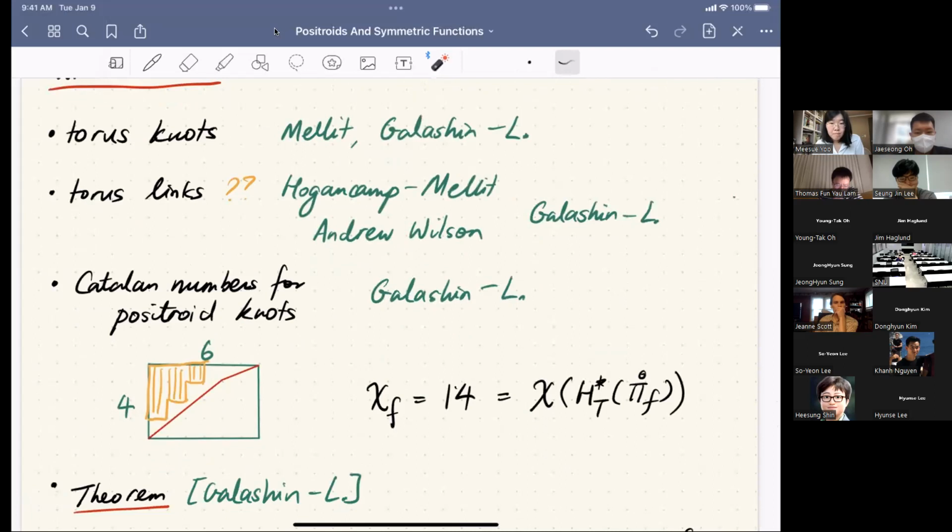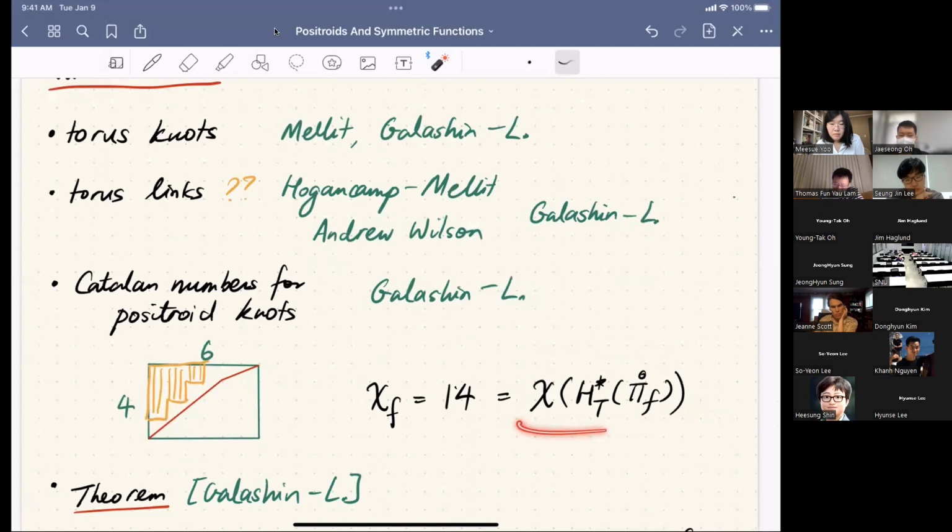Earlier, we studied something that we called Catalan numbers for positroid knots. And what we showed is that if you give me one of these concave curves, then you can define a Catalan number associated to it, which we define by taking the torus equivariant cohomology and taking the Euler characteristic of it.